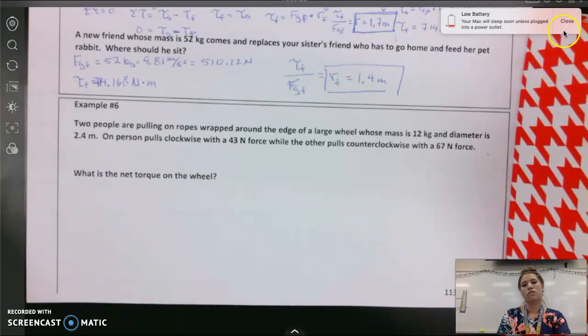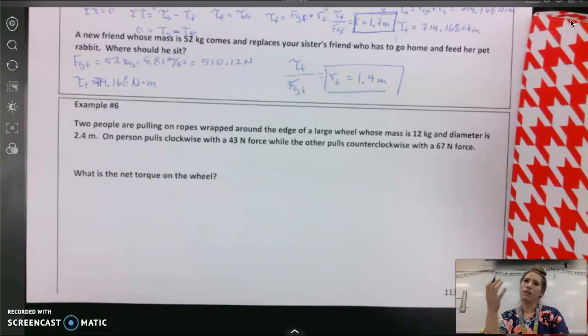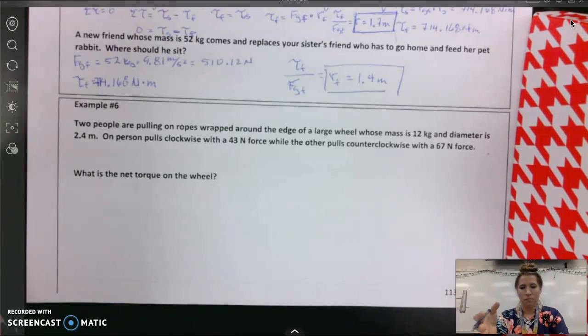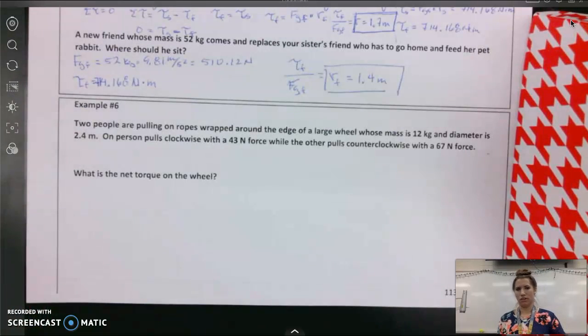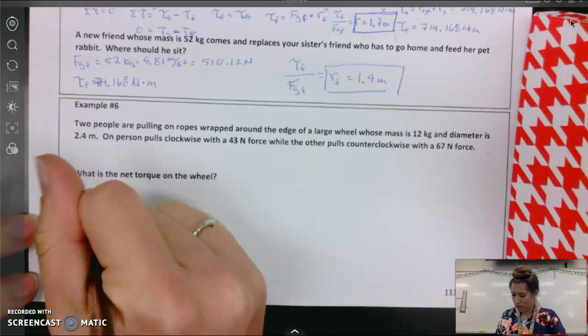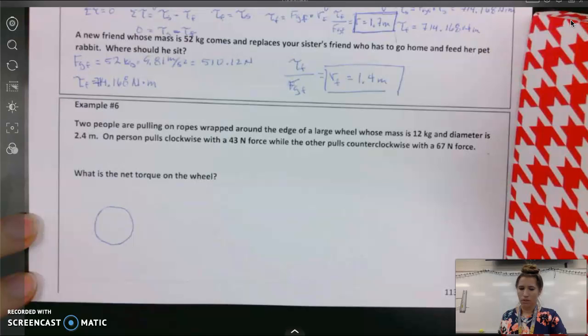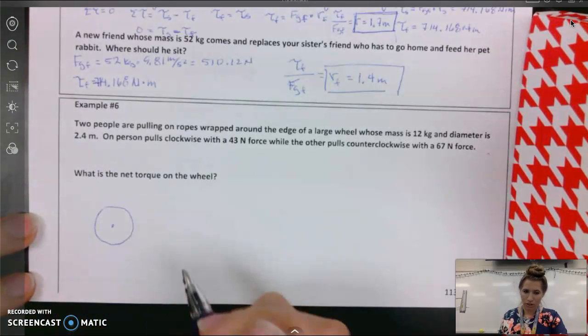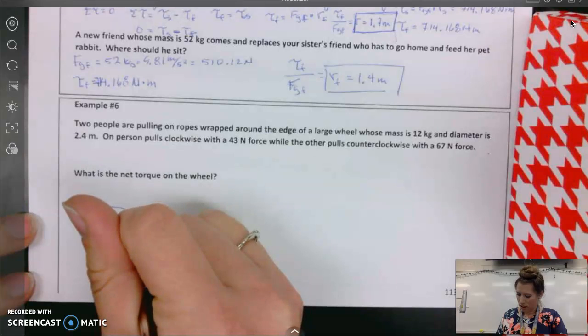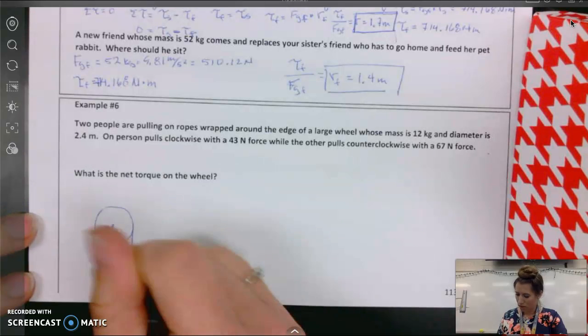Okay. So, there are multiple ways that you can draw this, and as long as the ropes are being pulled tangential to the wheel, you'll get the same answer. Now, when I first read this, how I viewed it was, here's my wheel, here's that point of rotation, and I have a force here.